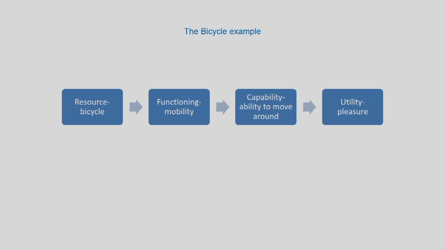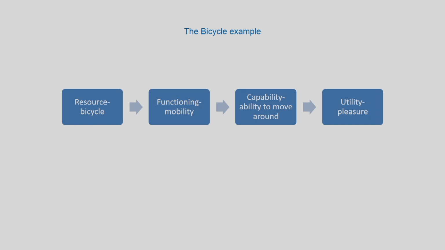The bicycle as a resource provides a functioning. The functioning here is mobility, and this functioning provides the capability to move around, maybe in search of wages, or to enter into various kinds of association with different kinds of people, creating social networks and so on, which will ultimately provide utility or pleasure.